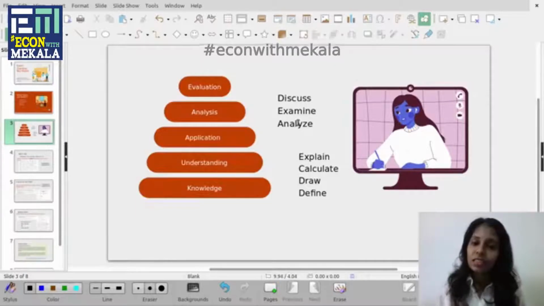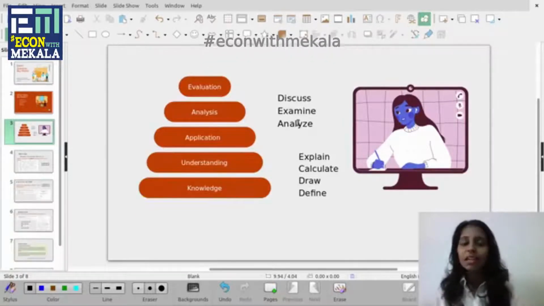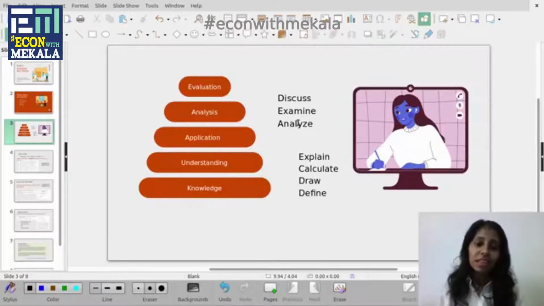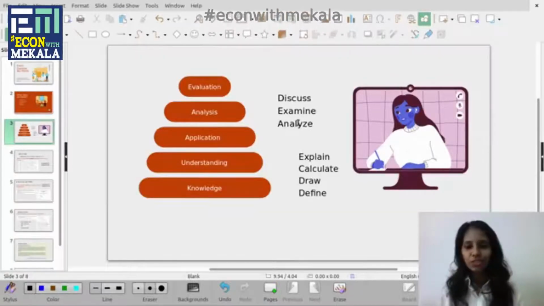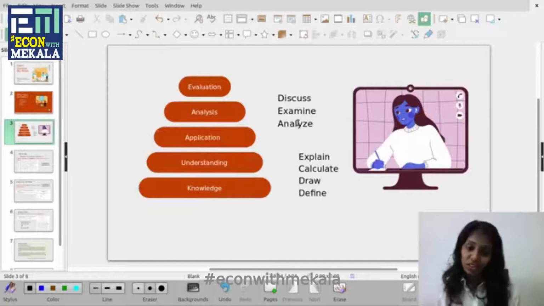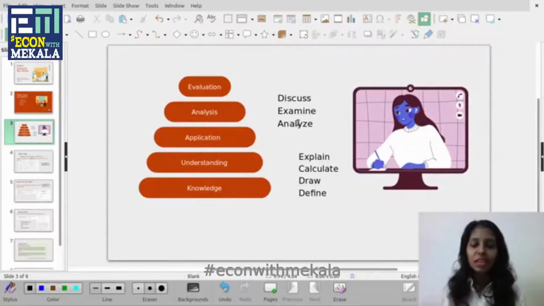So to answer these discuss, examine and analyze questions, you need to have application skills, analysis skills and evaluation skills. But to answer define, draw, calculate or explain questions, you don't need to have higher order thinking capabilities.